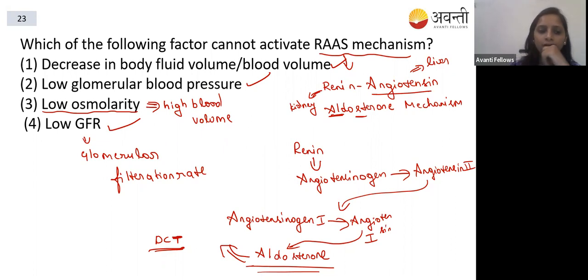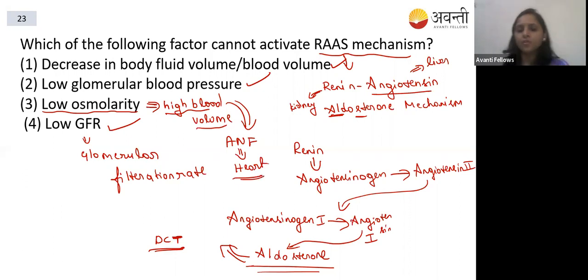So here, in the low osmolarity condition, or when the high blood volume or high blood pressure is there, it will activate ANF. This hormone is secreted from the heart. Okay. So that is the reason option 3 is the correct answer. Whereas the other options are wrong.